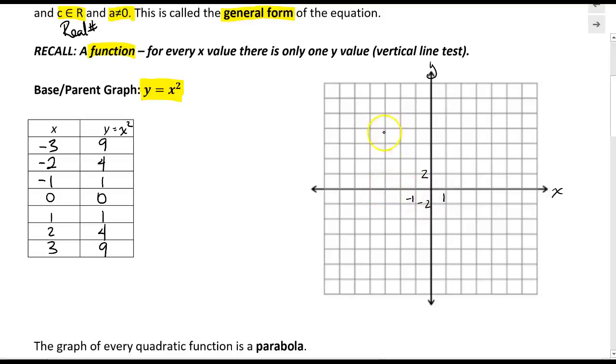So -3, positive 2, 4, 6, 8, 9. We've got -2 and 4, -1 and 1, 0 and 0, and I get a reflection of this on the other side.